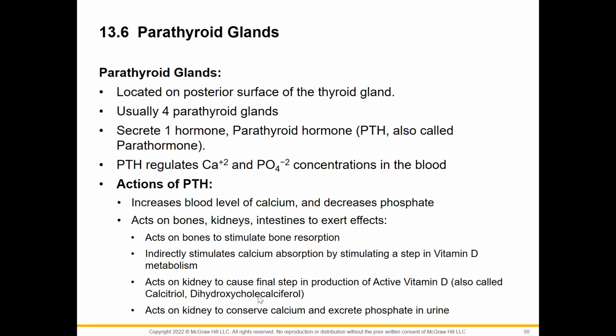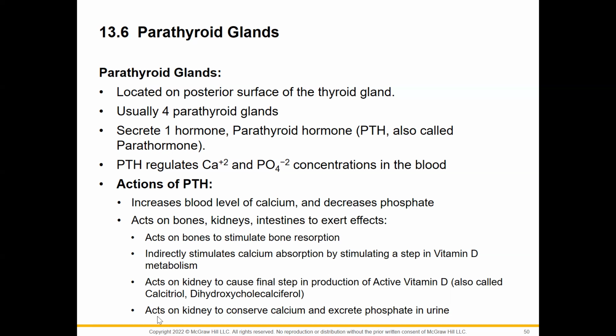So please make sure that you're noting both names for the final active form of vitamin D, because you will see these again, especially if you are working with patients and you're drawing vitamin D levels. Like, you need to know which test to do, and understanding these names is going to help you.